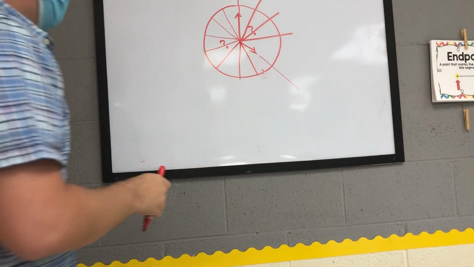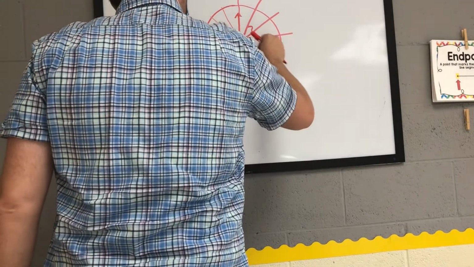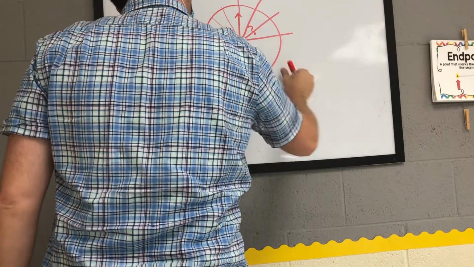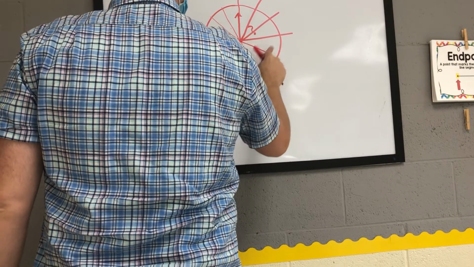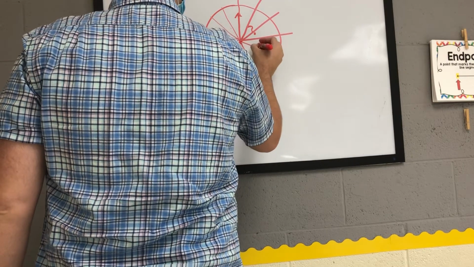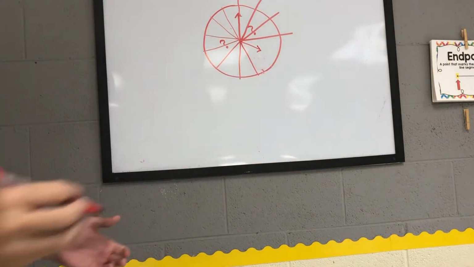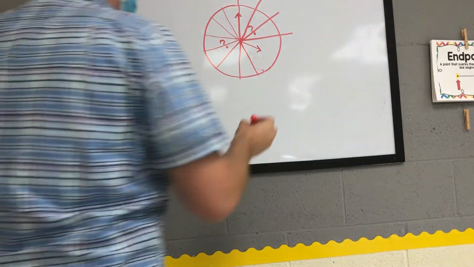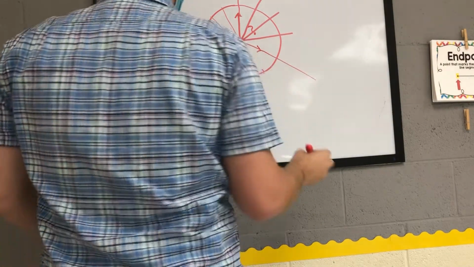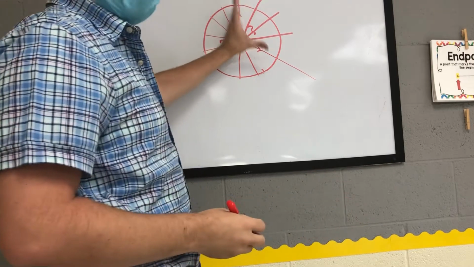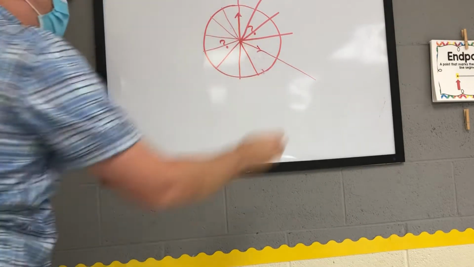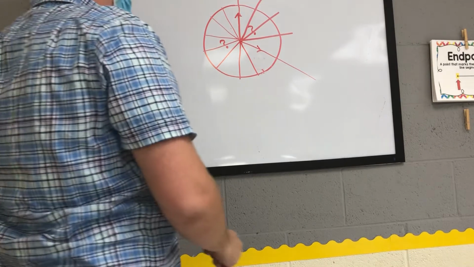So the clock's cut into 12 pieces. Now, one part of it is the 4 o'clock. Just like you see here, the 4 o'clock. So what is that 4 o'clock piece?